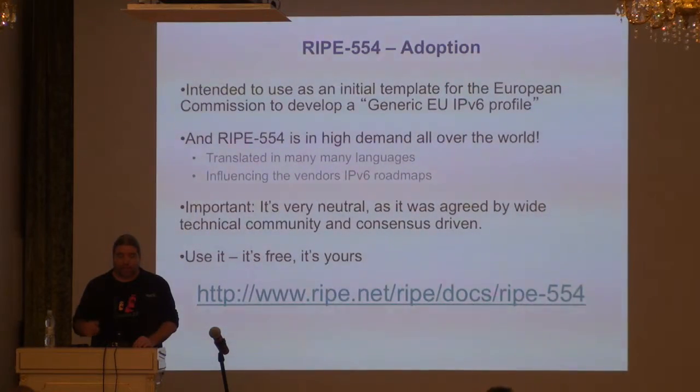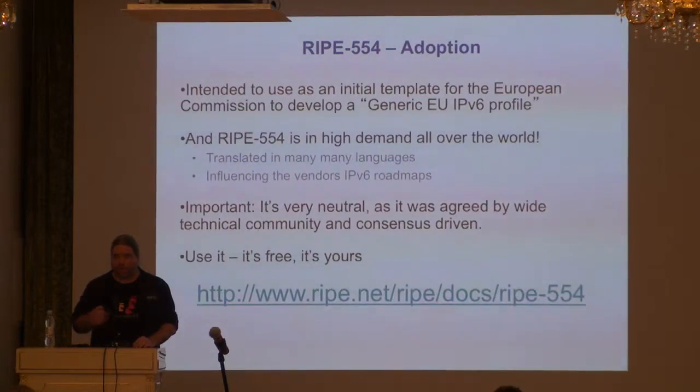What else? The European Commission developed the generic EU IPv6 profile, and RIPE 554 was the template for these requirements for the European Union. So it's currently in high demand all over the world, and many of the vendors are basing their IPv6 roadmap on this document.